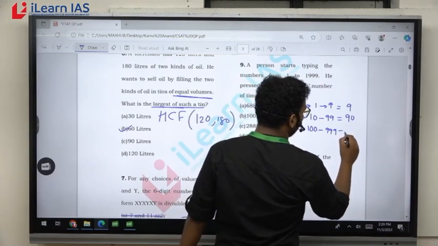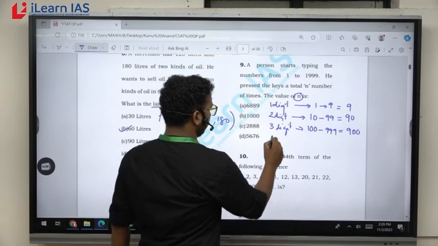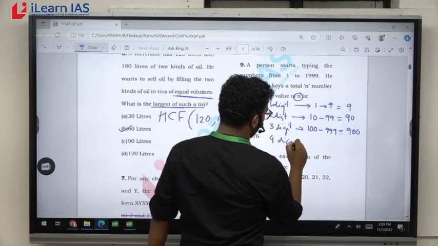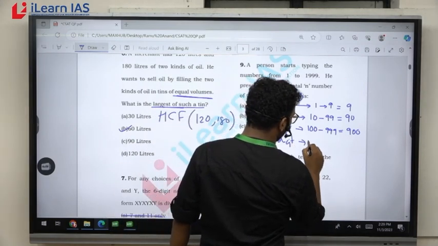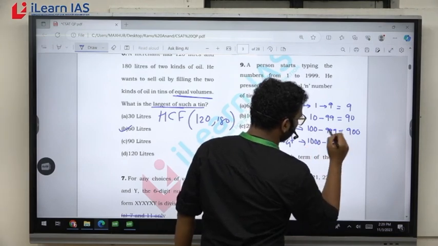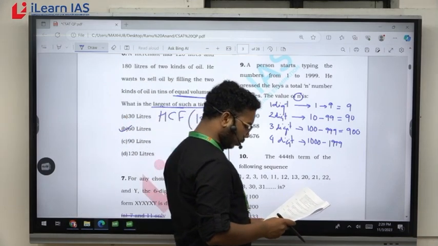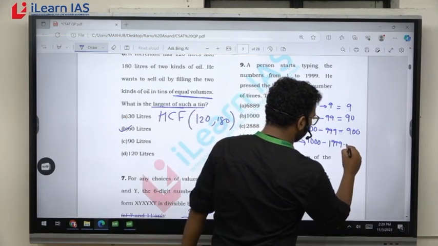So that will be 900 numbers. Now 4 digit numbers from 1000 to 1999. A total of 1000 numbers.